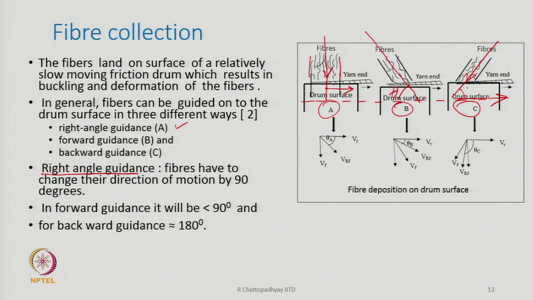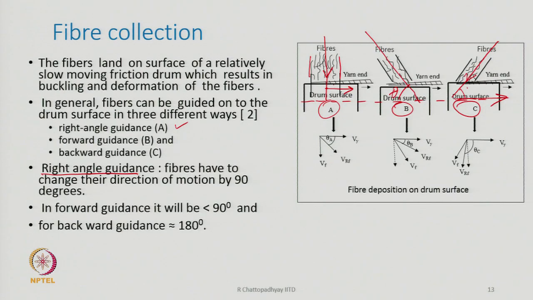So, out of the three different configurations of the feed duct, the duct that is carrying the fibers from the opening roller surface to the drum surface, this space is actually in the form of a duct, and there are three different configurations A, B, C. We have to choose a configuration which will distort the fibers to the minimum extent.